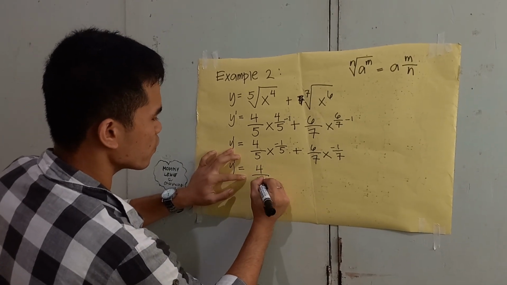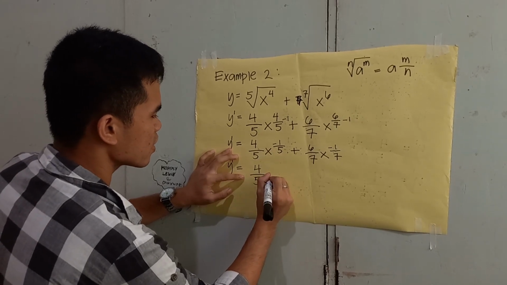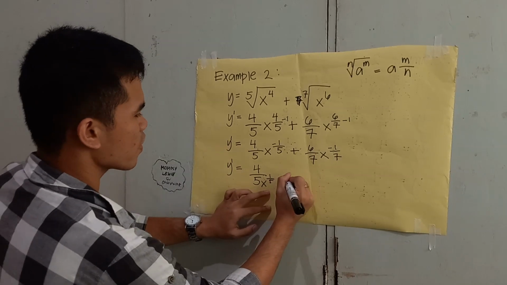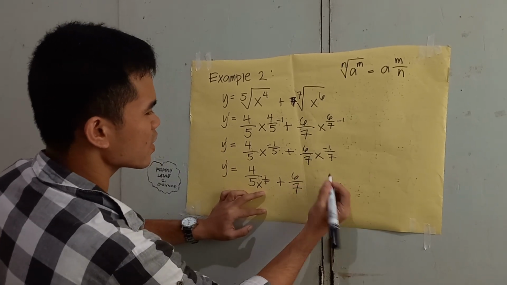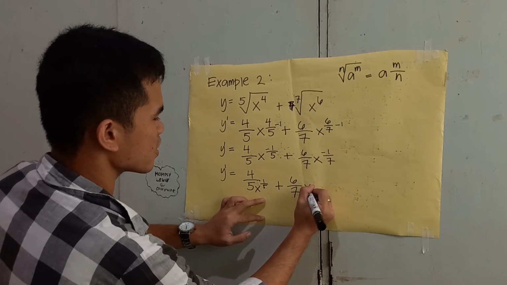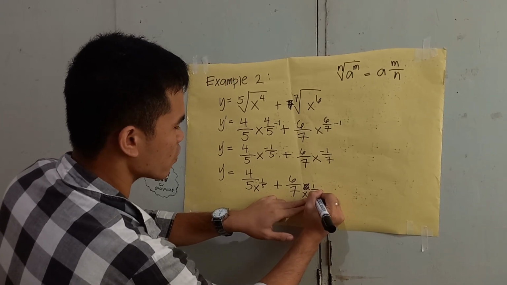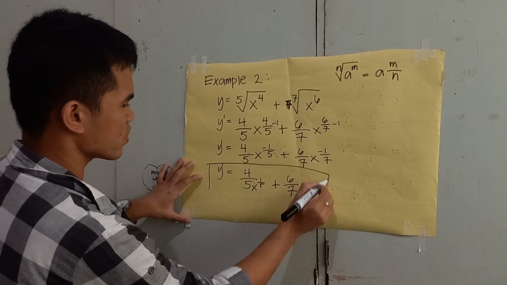Copy 4 fifths, x raised to the power of 1 fifth in the denominator, plus 6 sevenths x, then 1 over 7. So here is the final answer.